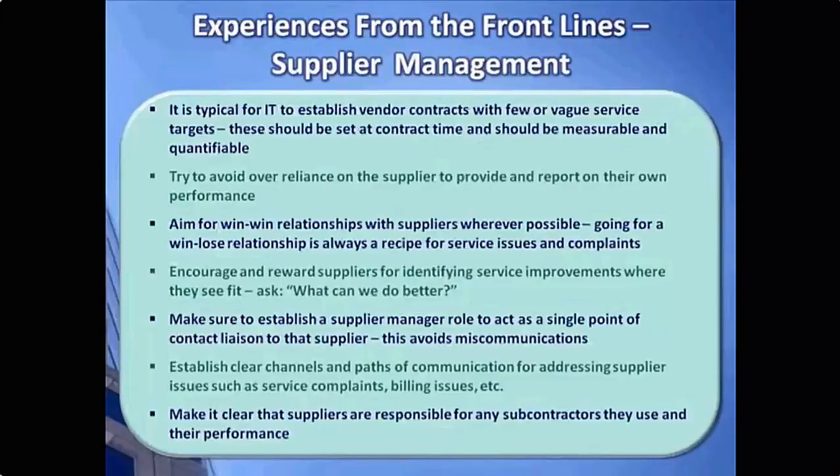Supplier management. It's typical for IT to establish vendor contracts out of the procurement organization with few or very vague service targets. I see this all the time. These need to be set at contract time and should be measurable and quantifiable.